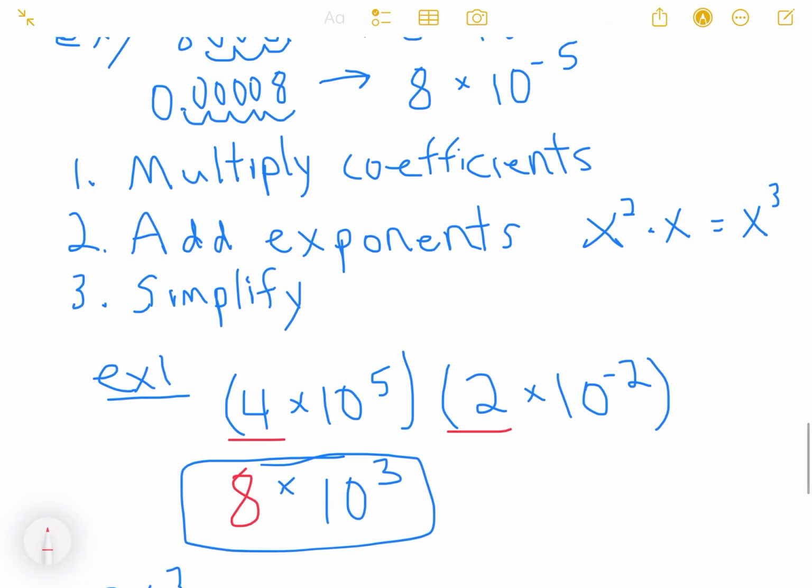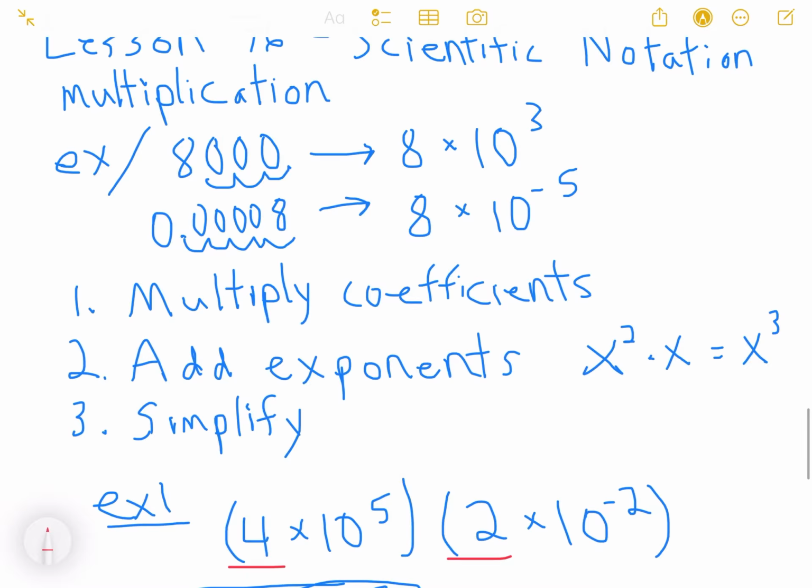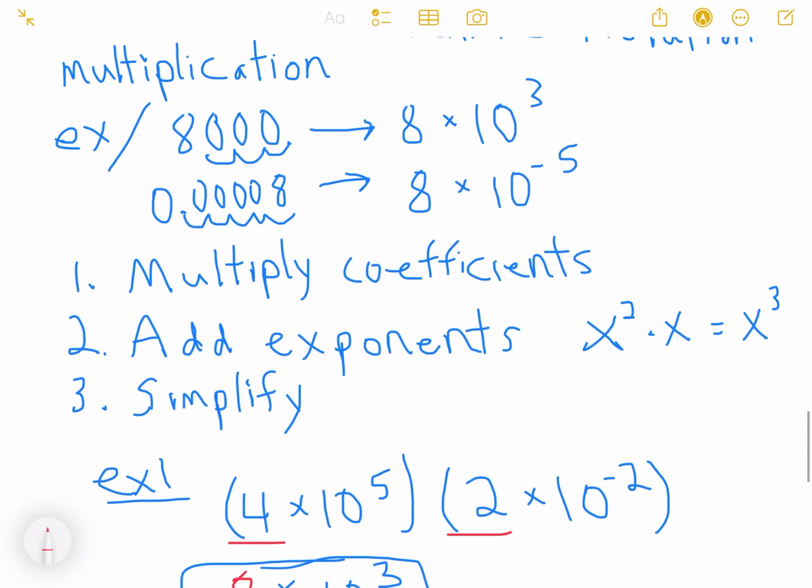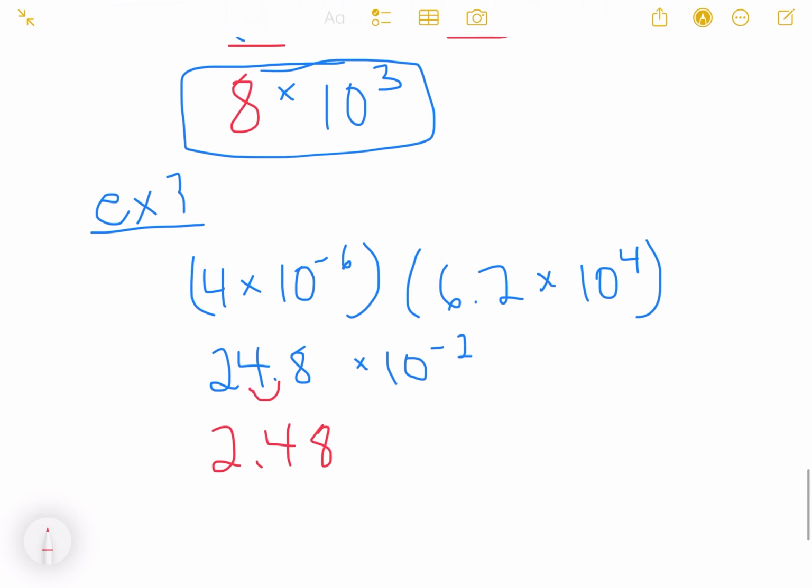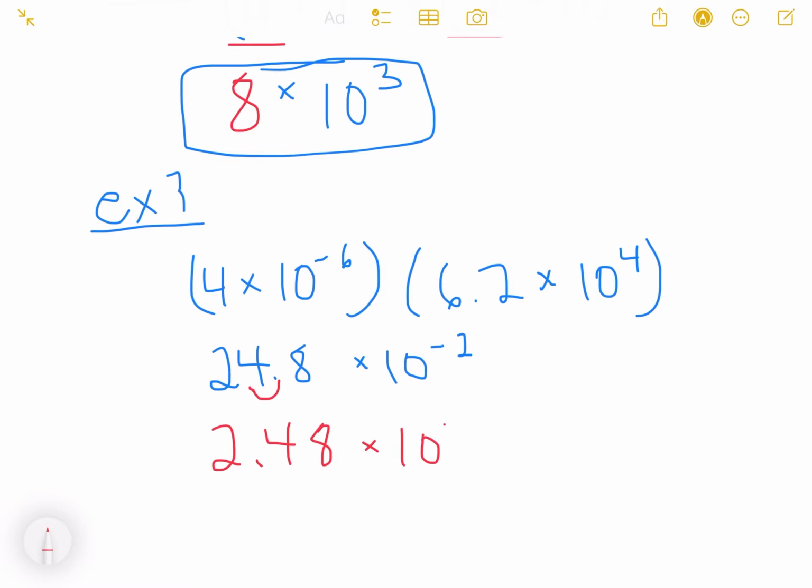Go back to 8,000: I move my decimal point to the left, so it may increase my exponent. So if I increase my exponent here, then it's 2.48 times 10 to the power of minus 1. And that's my final answer.